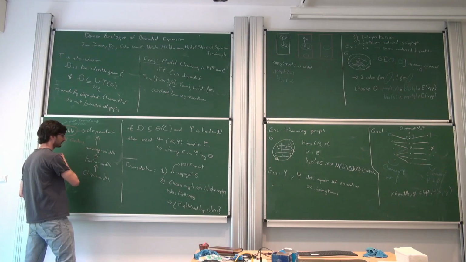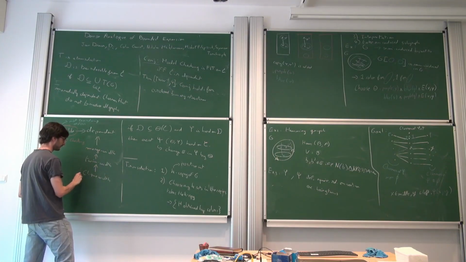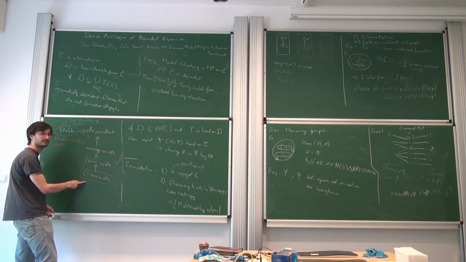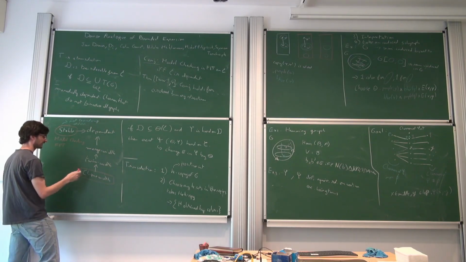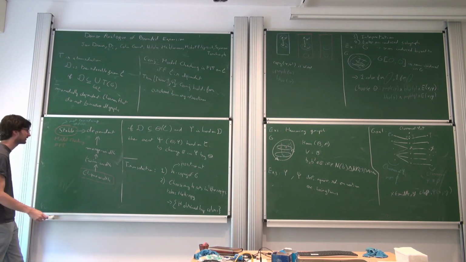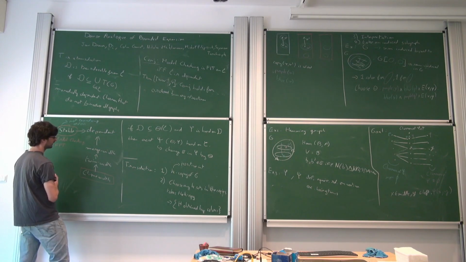And so it's FPT on sets on classes of bounded cliquewidth, but even the model checking of more general logics like MSO is.